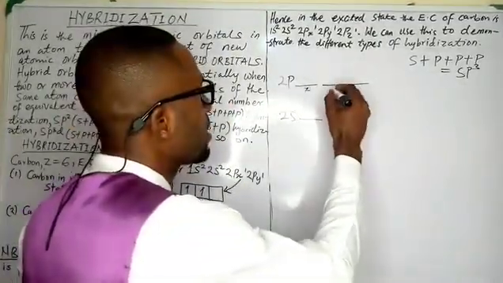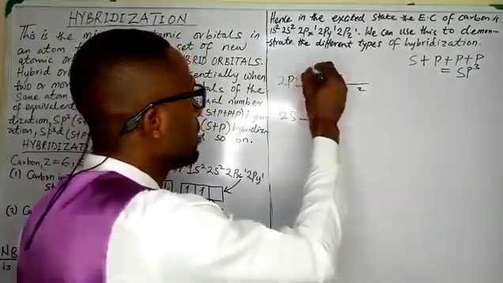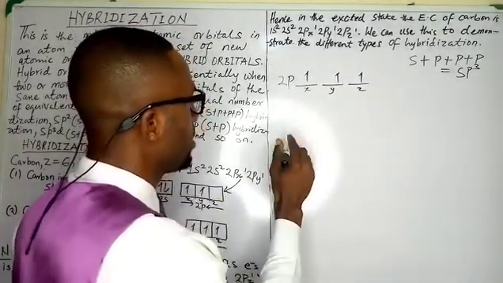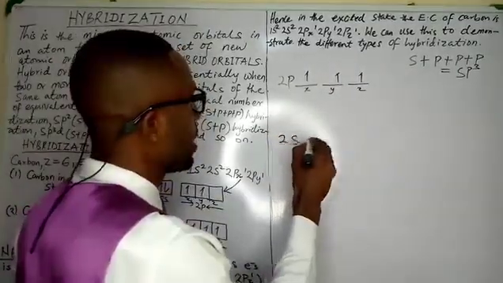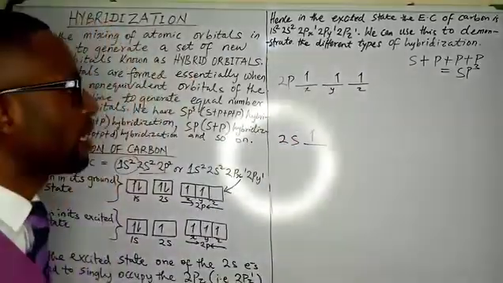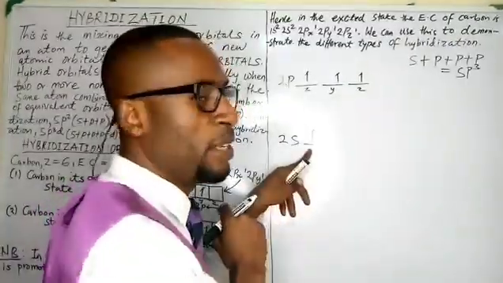Very, very important. The number of orbitals is conserved. So if this is x, this is y, and this is z, again, in the excited state, this is carbon. Permit me to distance this a bit so that we can better appreciate it. So this is carbon in the excited state. Now, we are mixing one s orbital with these 3p orbitals.